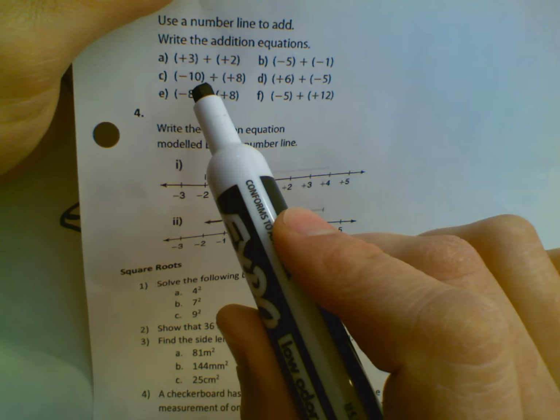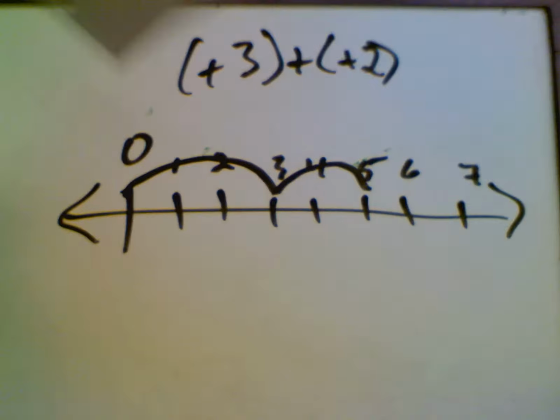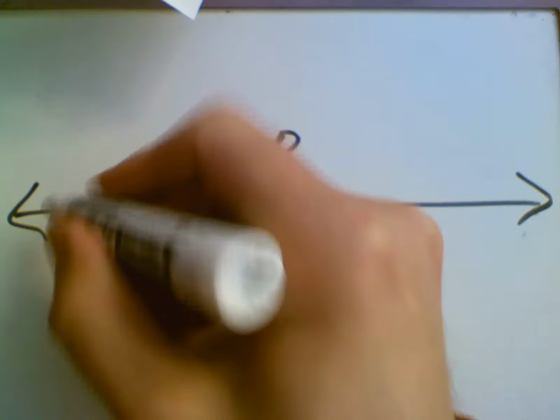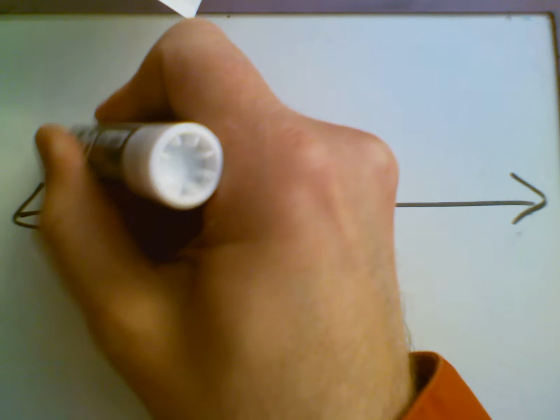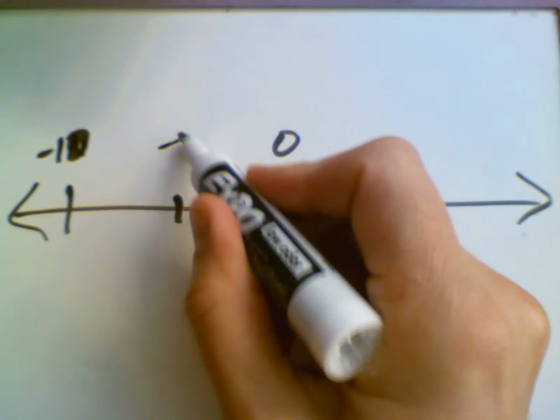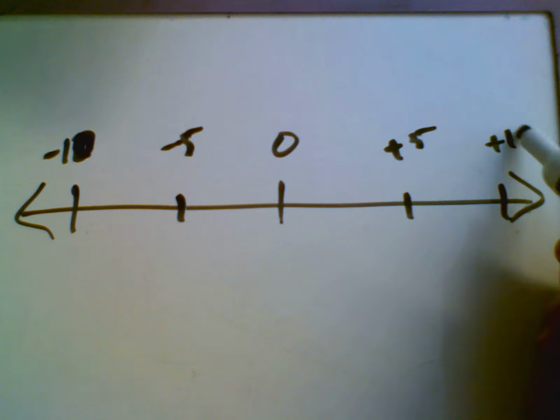Now let's try one that's a little more difficult. -10 plus +8. Oops. -10, -5, +5, +10.